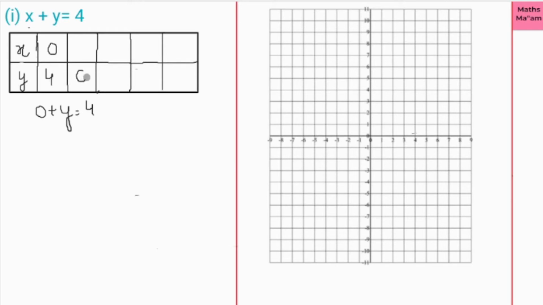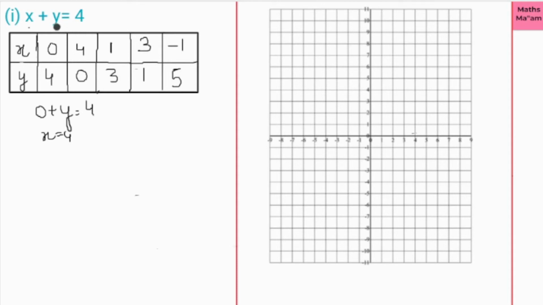Suppose y is 4, then x will be 0, like this. Now if we have x as 1, then y would be how much? 3. Similarly, if we put y as 1, then the value of x is 3. And if we have x as minus 1, then the value of y will be 5.